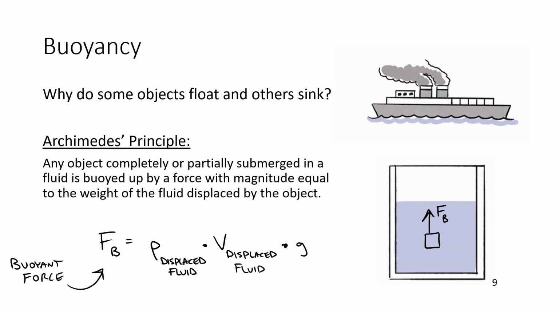So we take that idea that things put into a fluid have to push the fluid out of the way. How much water is this little sphere going to push out of the way? It's only going to be a little bit. It's only going to be however much size this object is. So the volume is small.